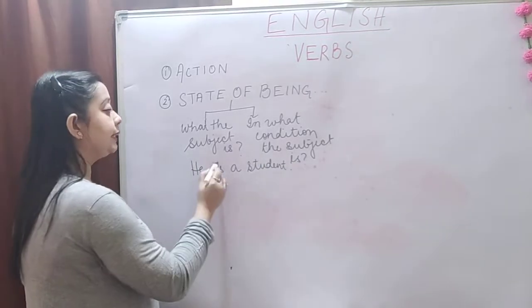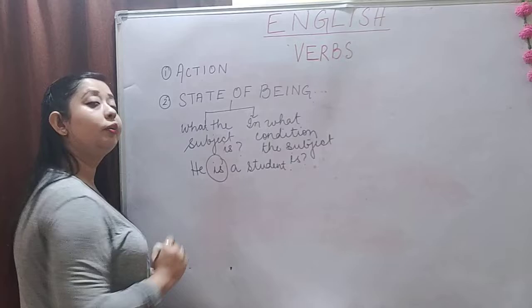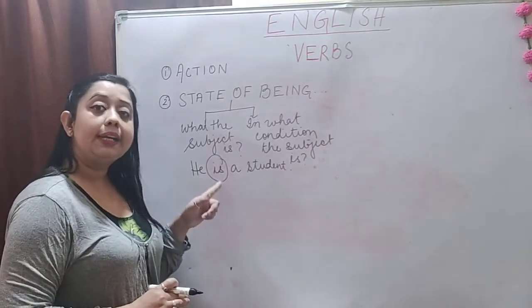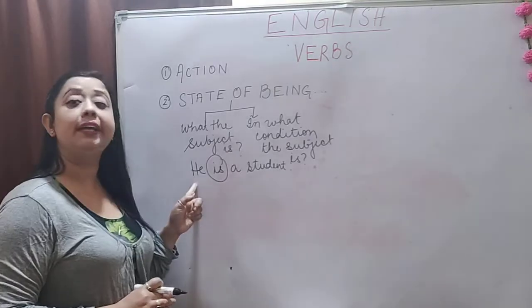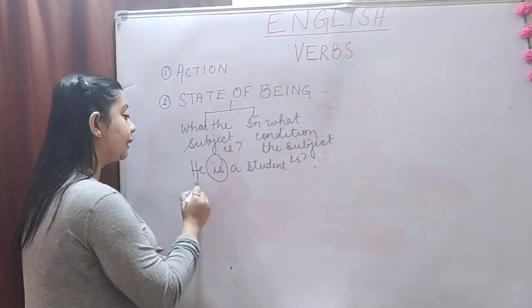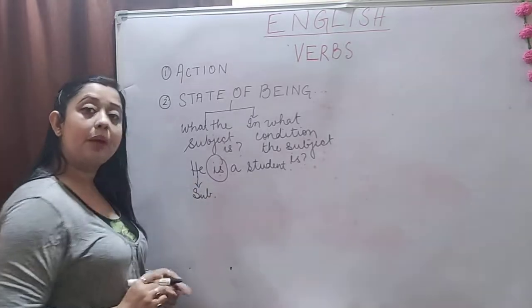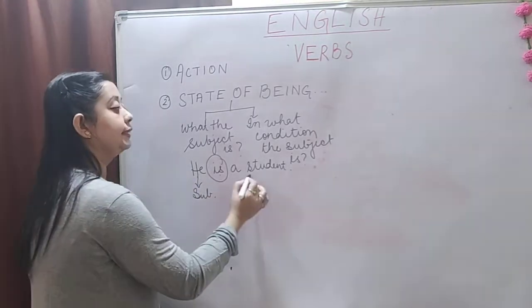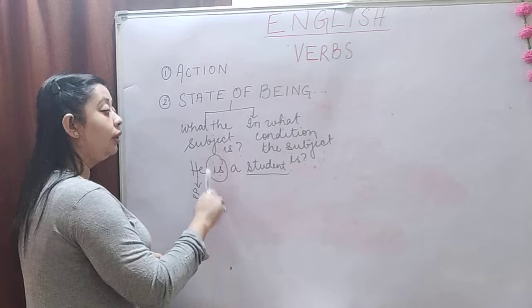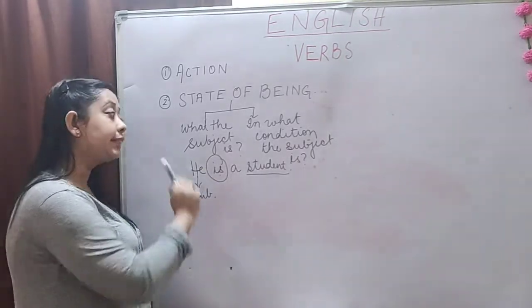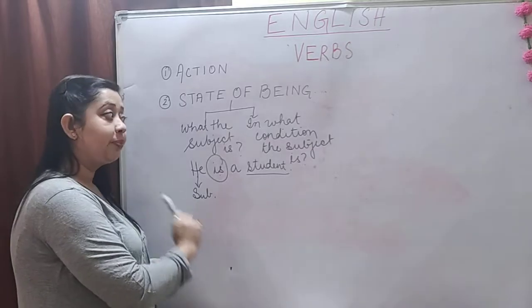Now in this sentence, is is the verb. And what is this is doing? It is telling us what he is. So, he is the subject over here, and is telling us about he, that he is a student. Therefore, is is the state of being. It is telling us what the subject is.